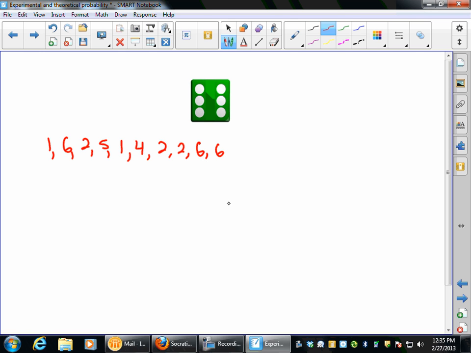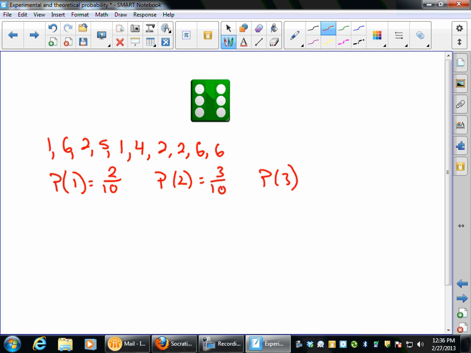Okay, so let's get the experimental probabilities again. The probability of rolling a 1 in this experiment, I got 2 ones, so that's 2 out of 10. Probability of getting a 2, I got 3 twos, so that is 3 out of 10.